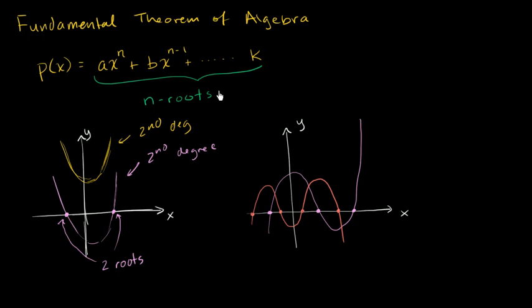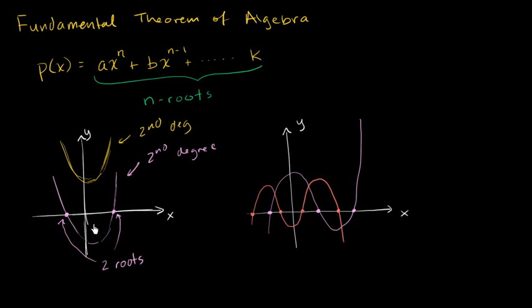And in particular, the fundamental theorem of algebra allows even these coefficients to be complex. And so when we're looking at these first examples, these were all real roots. And real numbers are a subset of complex numbers. So here you had 2 real roots. Here you had 3 real roots. In this orange function, you had 4 real roots. In this yellow function, this yellow parabola right over here, the second degree polynomial, we have no real roots.